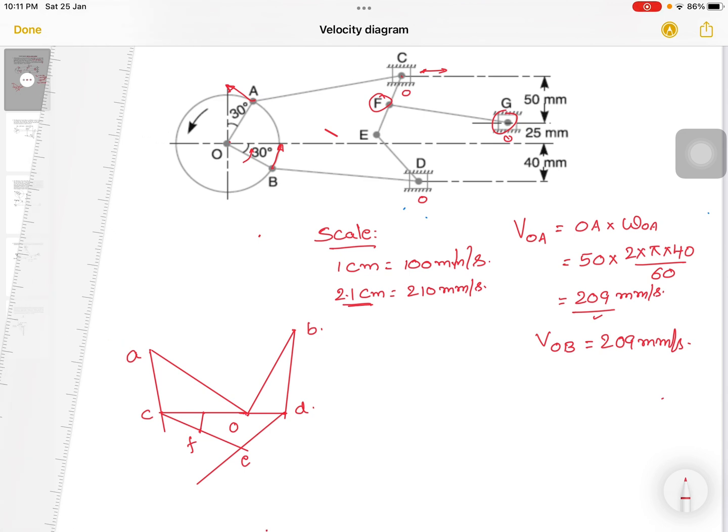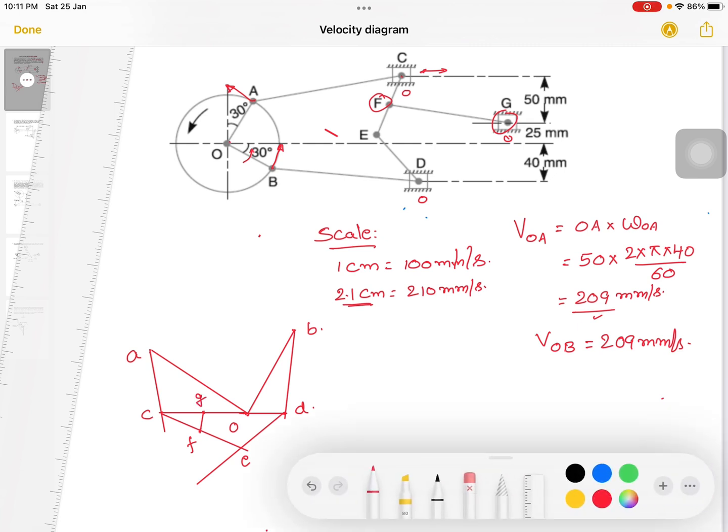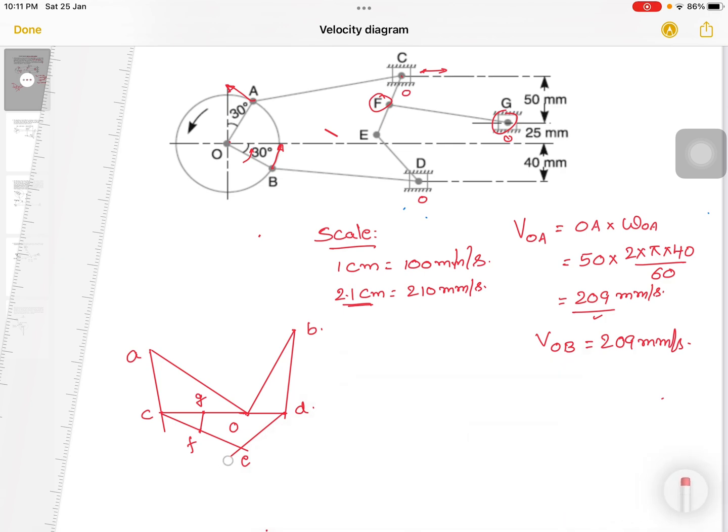This line will intersect the x-axis, and that point will be G. Now this is the velocity diagram for the given image. Now I rub out the extension lines. Okay, this is the velocity diagram.